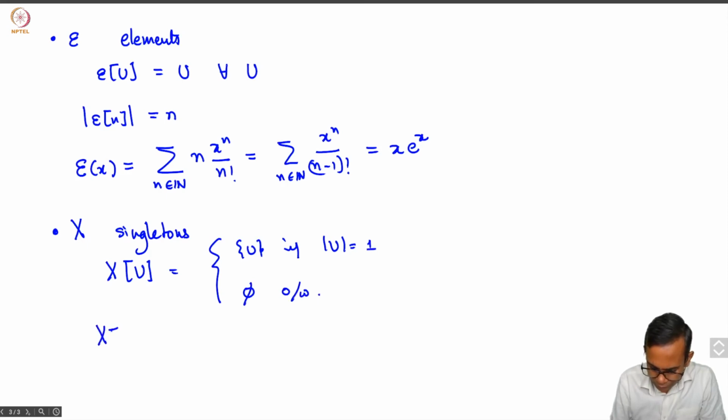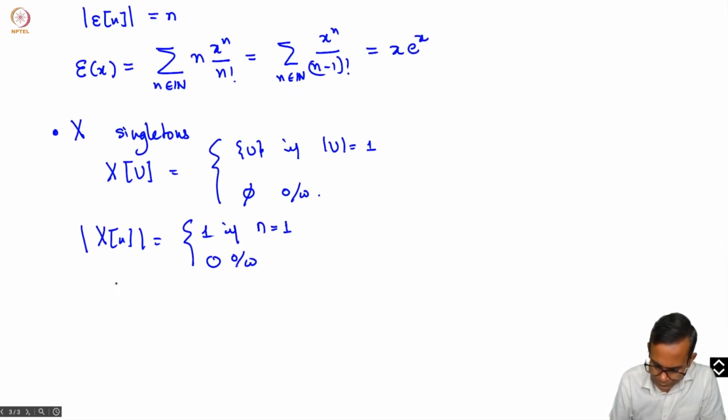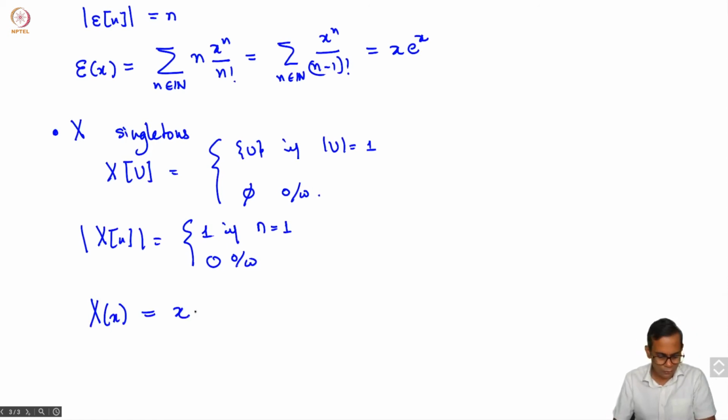So X_n is just going to be 1 if n is 1 and 0 otherwise. And now you see the generating function of X is just x, which kind of explains the notation capital X used for this species.